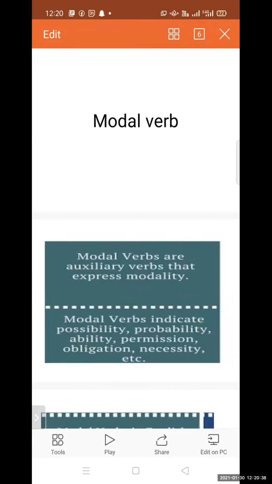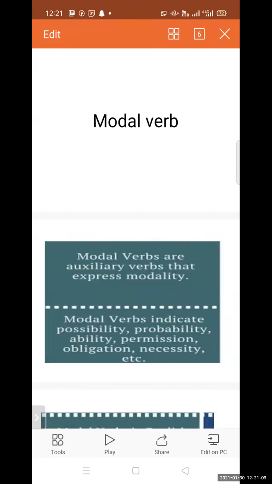So auxiliary verbs are helping verbs. Now modal verbs express modality. Now, what is this modality? Modality means it indicates possibility, probability, ability, permissions, obligations, necessity.